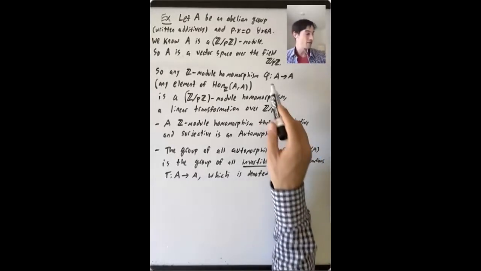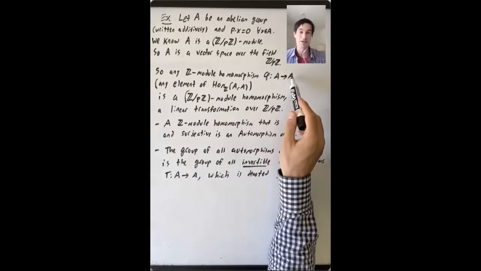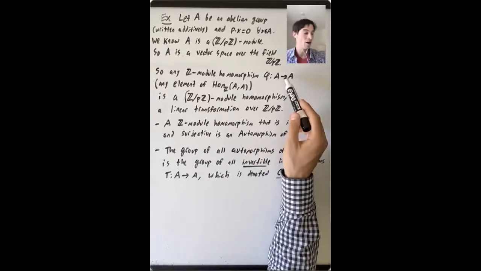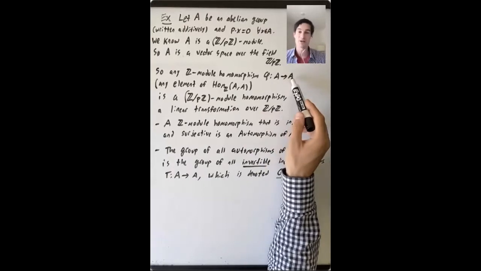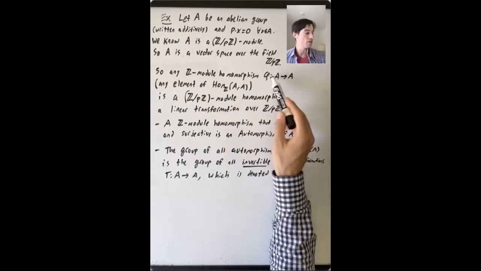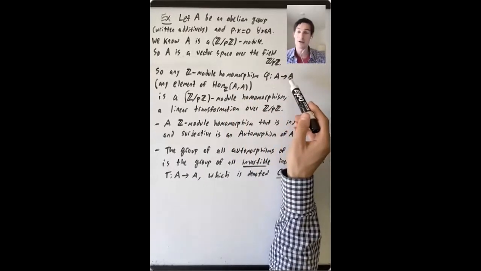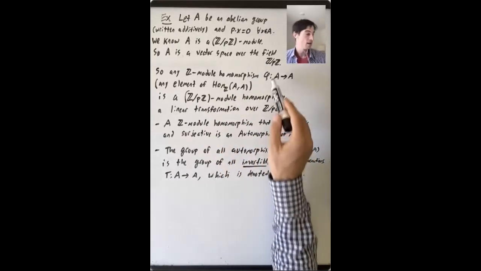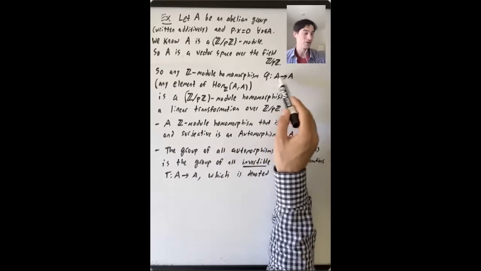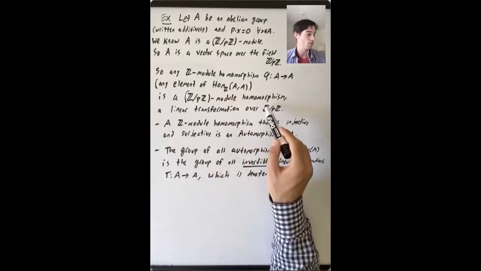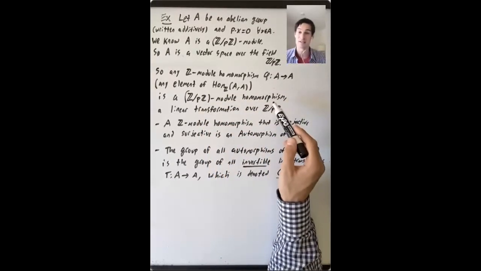Now we have all of the Z module homomorphisms, but we also can just look at the ones that are injective and surjective, the automorphisms. And that has the structure of being a group. But every one of those Z module homomorphisms that is an automorphism gives a Z mod PZ module homomorphism. If this Z module homomorphism is injective and surjective, then this Z mod PZ module homomorphism is also injective and surjective.